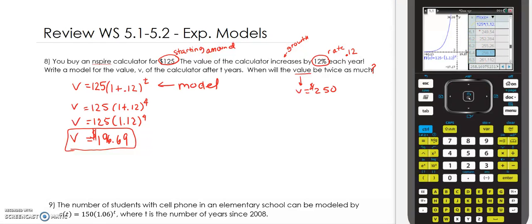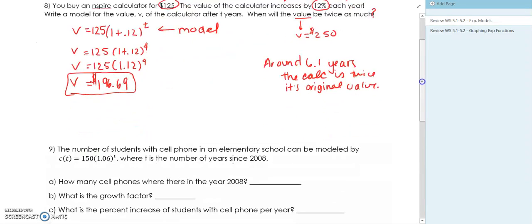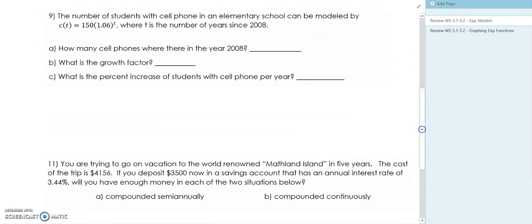So we'll say around 6.1 years, or a little after 6 years. The calculator is twice its, and then I'll stick this in there because it's what I really should have written, original value.